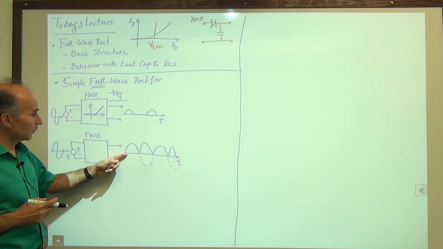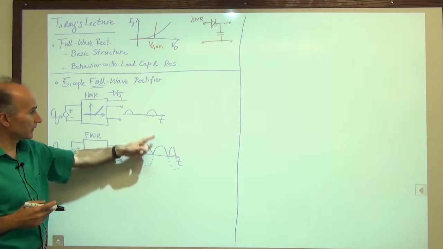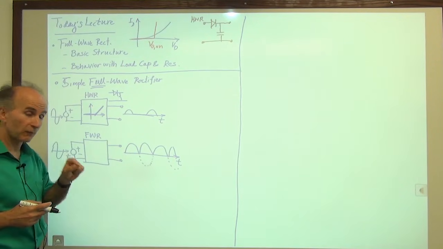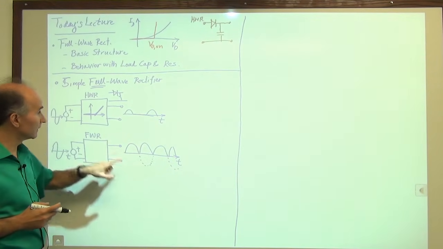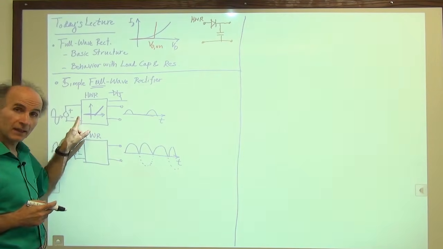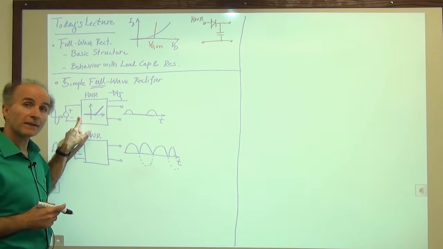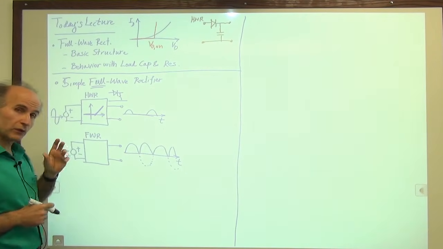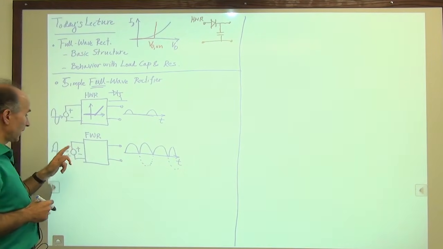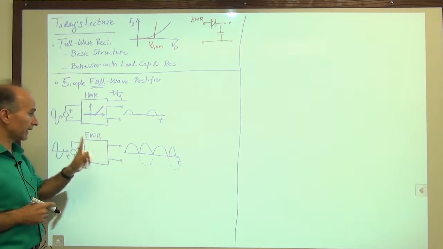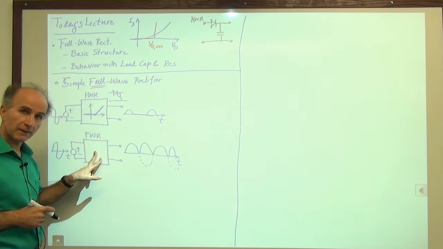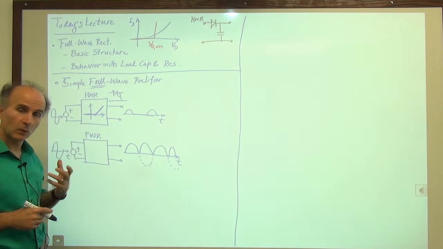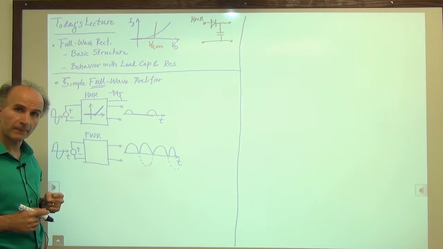Here, we still want to have those, but when the voltage is negative, we want it to become positive and come out. So if I were to construct an input-output characteristic for this circuit, similar to what I have here, what should it look like?